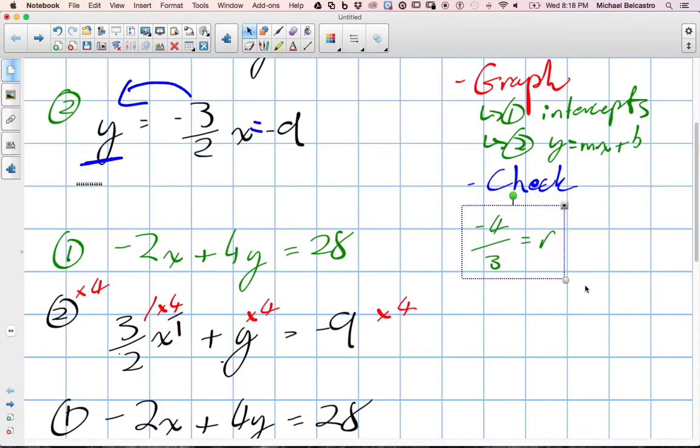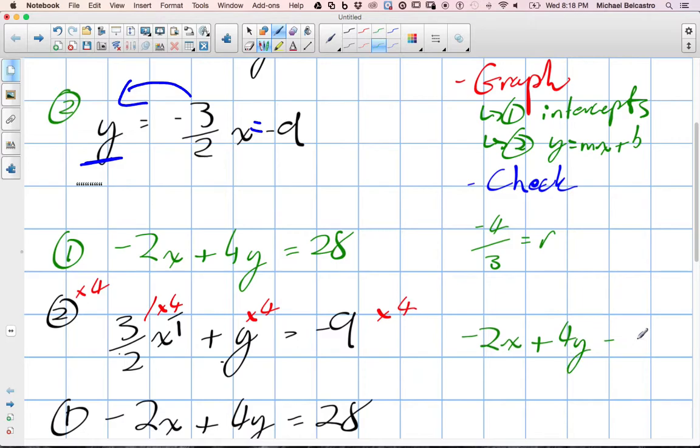Okay, so let's multiply. We said we're going to multiply this one by that value. So let's rewrite what we had. We have negative 2x plus 4y equals 28, and that was equation 1. Equation 2, we're going to multiply by negative 4 over 3.